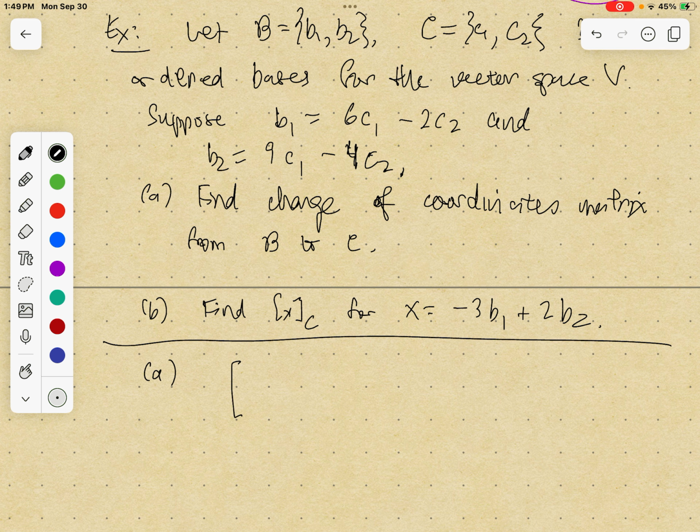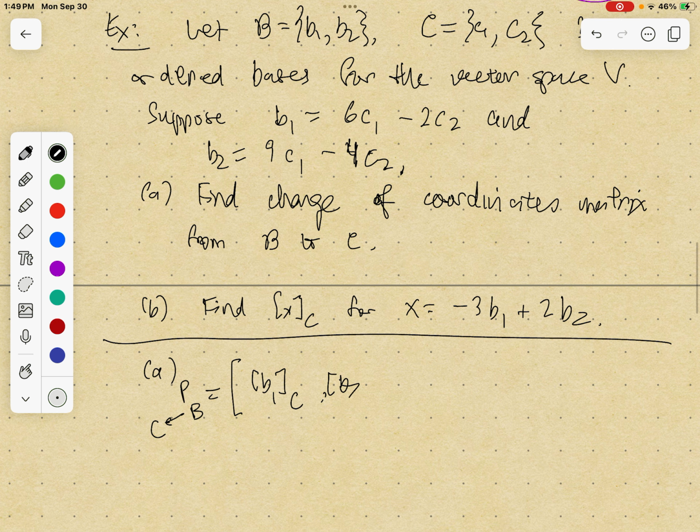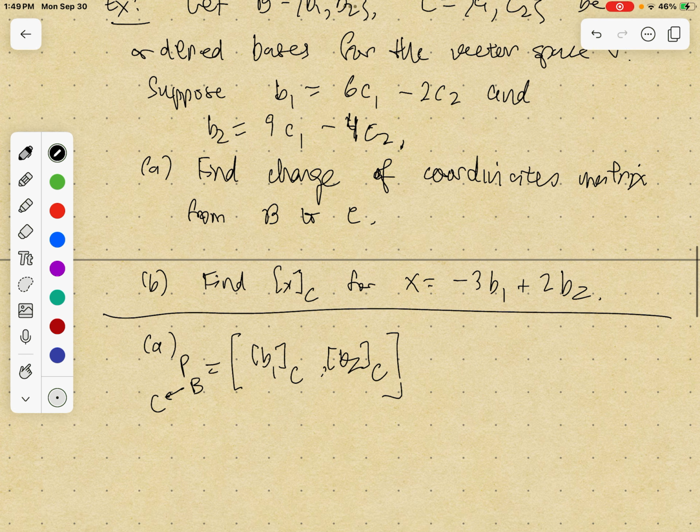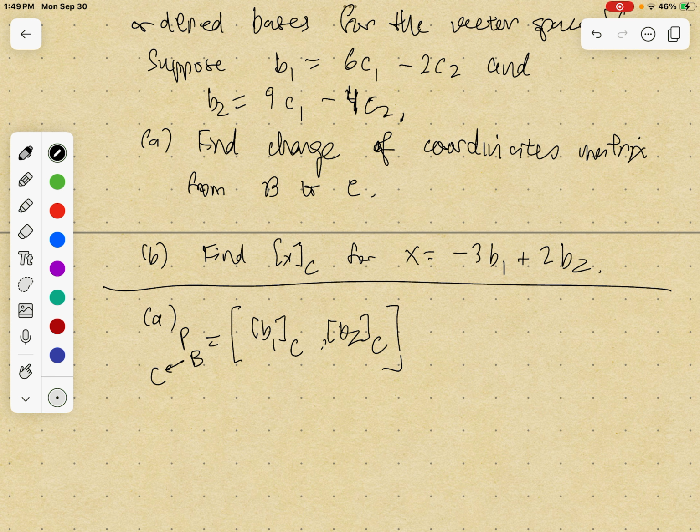So I'm looking for the matrix whose first column is B1 relative to C, and the second column is B2 relative to C. So I have to find these two coordinate vectors, and those are going to be the columns of the matrix. You're given that B1 is 6C1 minus 2C2.